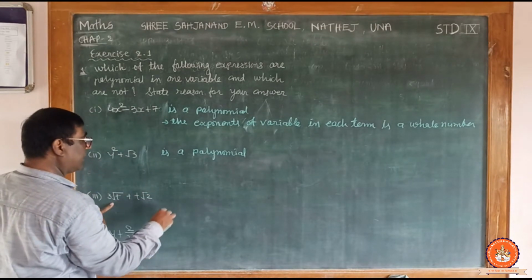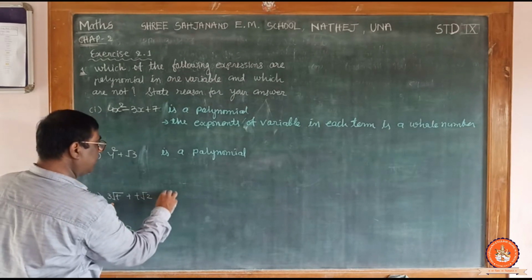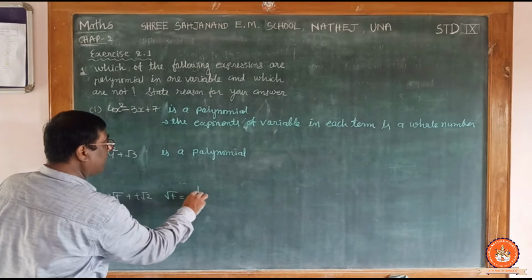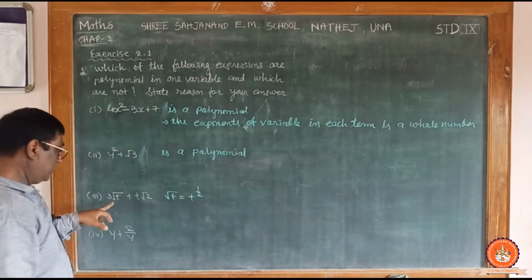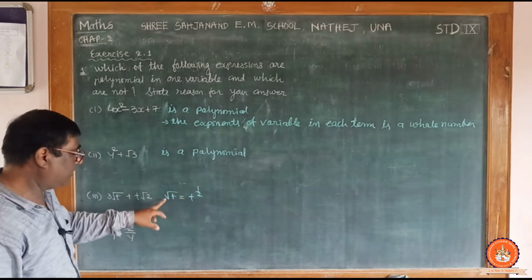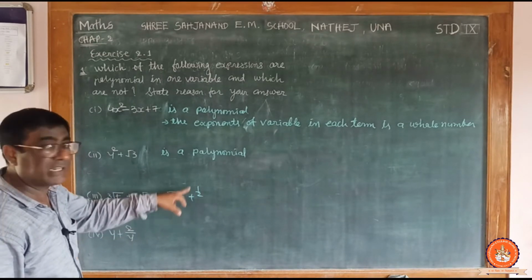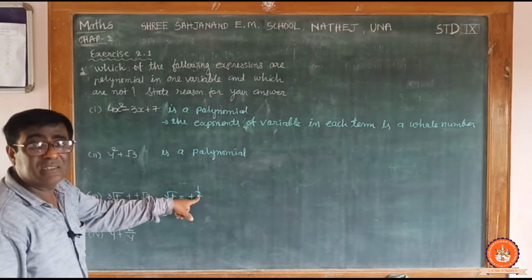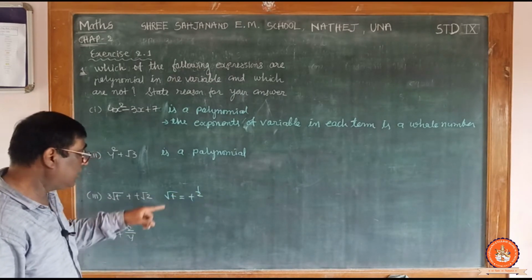Now look at it, see here. Root t can be written as t raised to 1 by 2. Root t is equal to t raised to 1 by 2. Now the power of the variable is not a whole number.